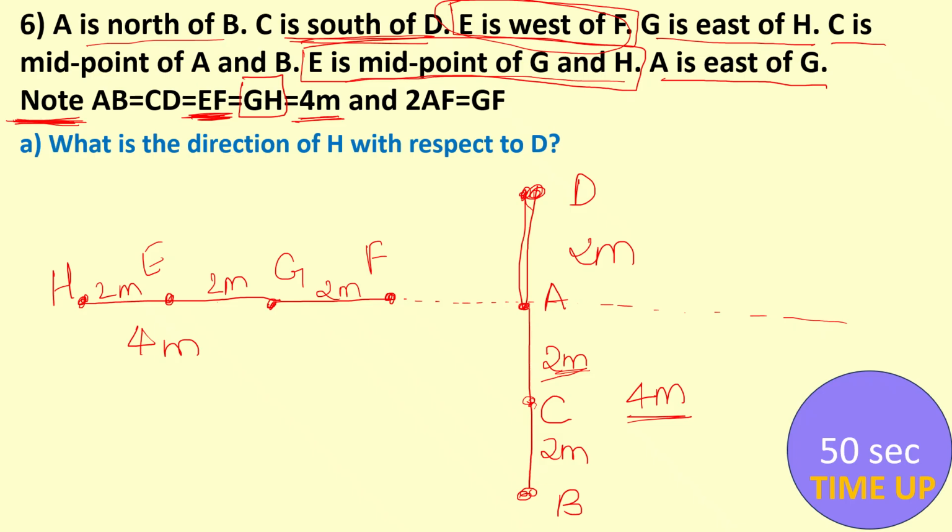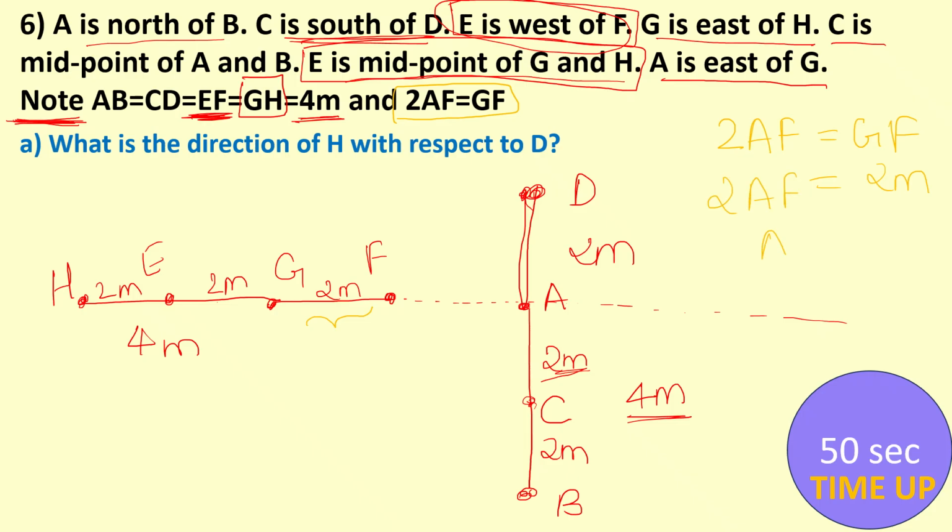But one more thing they have given in the note point. 2AF is equal to GF they have given. Now GF, you know how much it is. GF is 2 meter from this diagram.